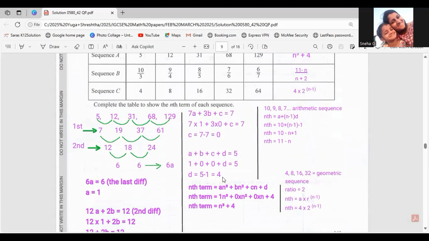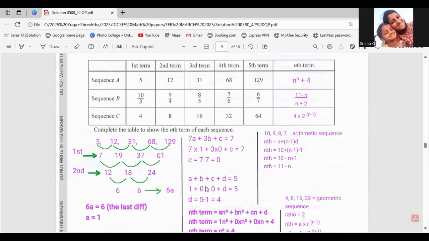So D here is 4. The nth term formula is an to the power 3, bn to the power 2, cn plus d. Now, whatever values we obtained for a, b, and c, we need to substitute. So it is 1n cube plus 0n square plus 0n plus 4. So it is n cube plus 4. This is how we obtain this using the formula method.